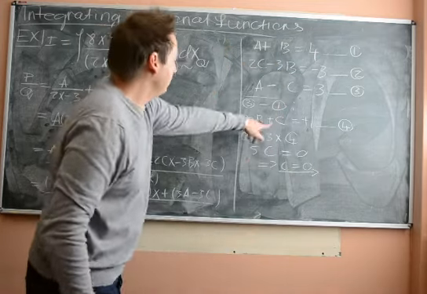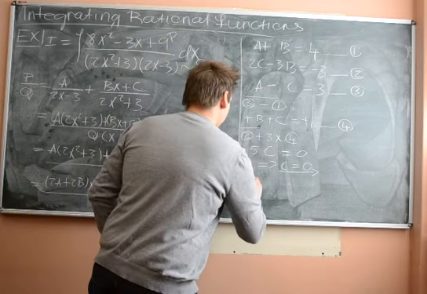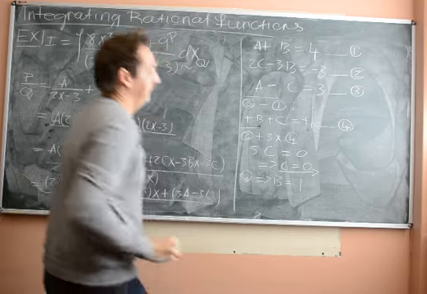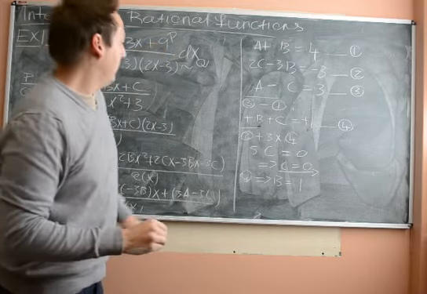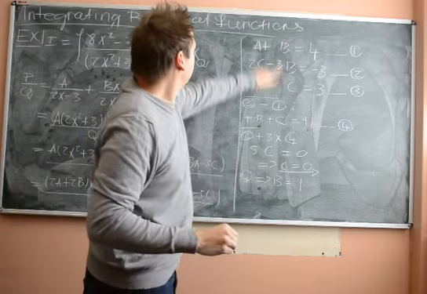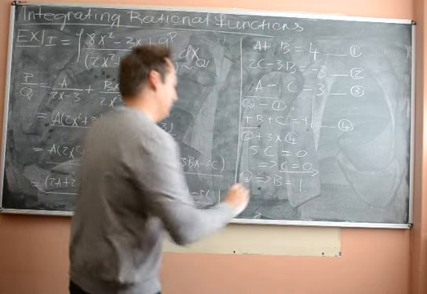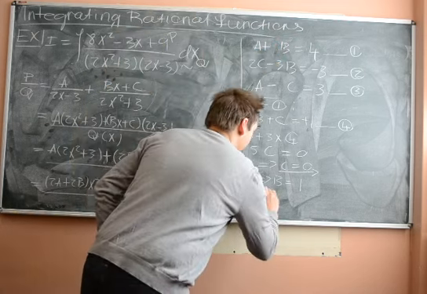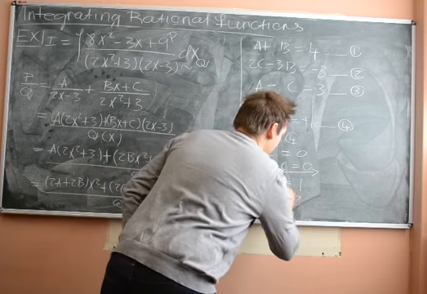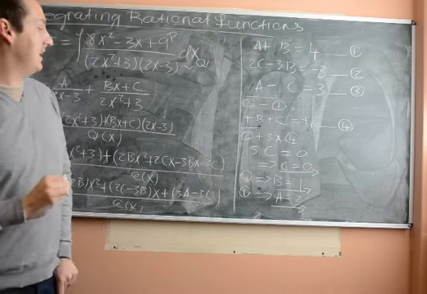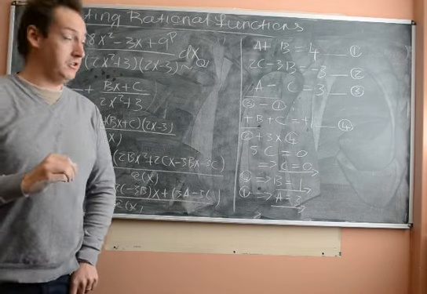Equation 4 then tells us that b is equal to 1, and if b is equal to 1, then equation 1 tells us that a is equal to 3. So there we have the values: a is 3, b is 1, and c is 0.